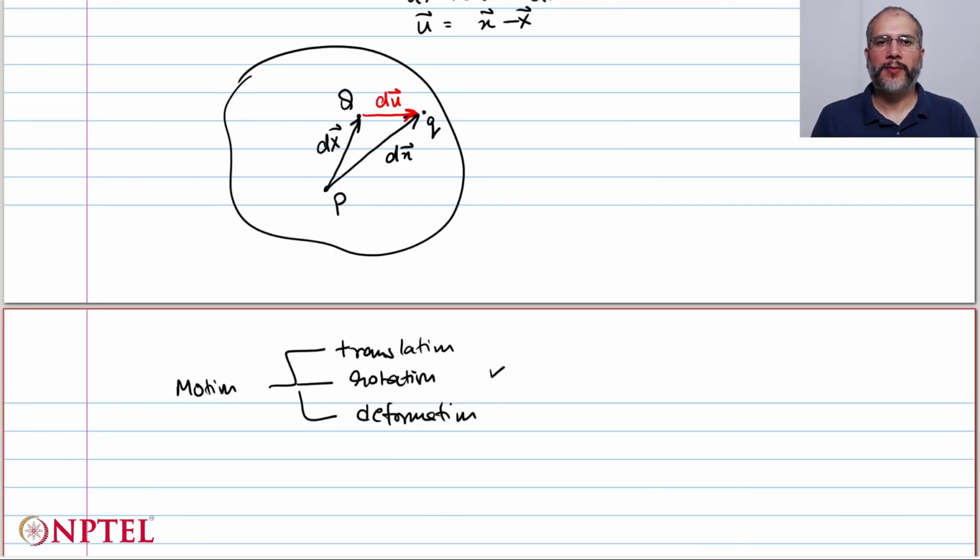Now, when we talk about differential displacements, the information about translation is lost. Because if we think about translation, what happens is, for example, in this picture, if you're sitting on the particle P, you will not see the particle Q moving at all. So the du, or the relative differential displacement of the particle Q with respect to particle P, will be 0.